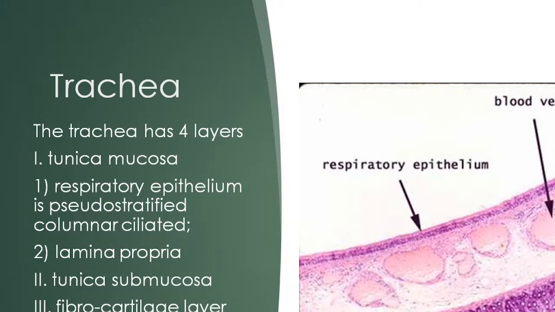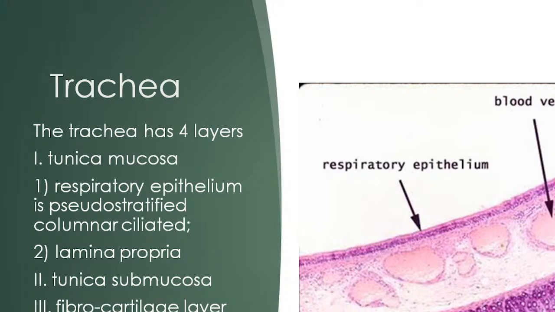The fibrocartilage layer consists of hyaline cartilage which forms 16 to 20 C-shaped rings. These rings are not closed, and their posterior ends are connected by smooth muscle cells and connective tissue.